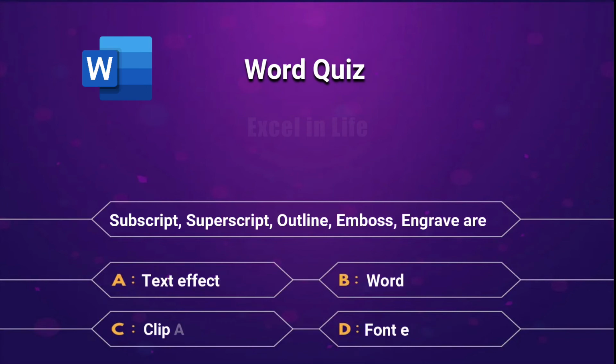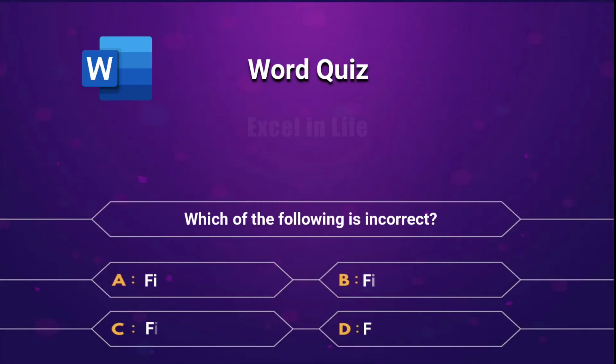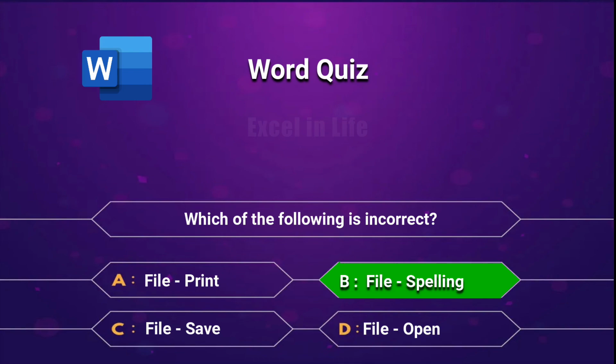Subscript, superscript, outline, emboss, engrave are text effects, word art, clip art, or font effects? Font effects. Which of the following is incorrect? File print, file spelling, file save, or file open? File spelling.